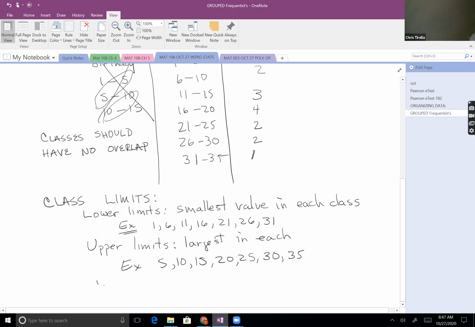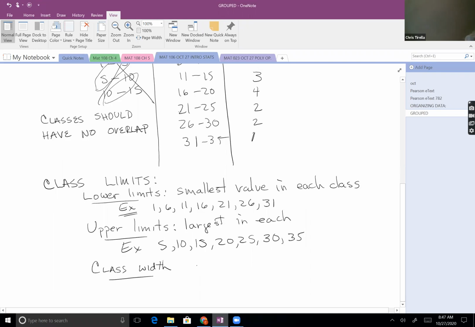Then we talk about the class width. The class width is defined as the difference between two successive lower limits or two successive upper limits.